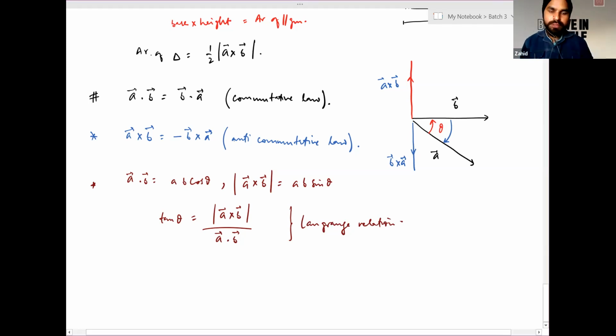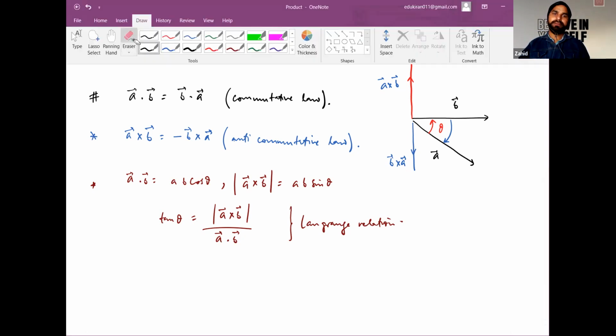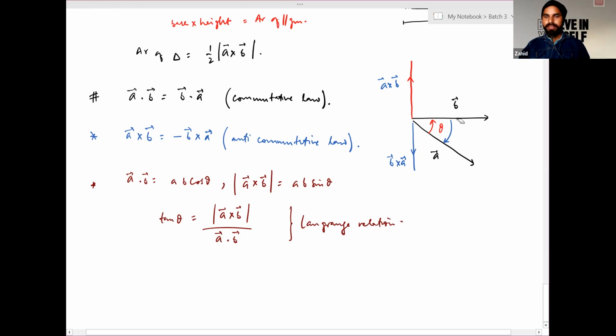So this is all about cross product and dot product, or product of any two vectors. In the second part, for cross product, if we take the direction of A cross B, or if you use Fleming's left-hand rule, A is along this direction and B is at this point.